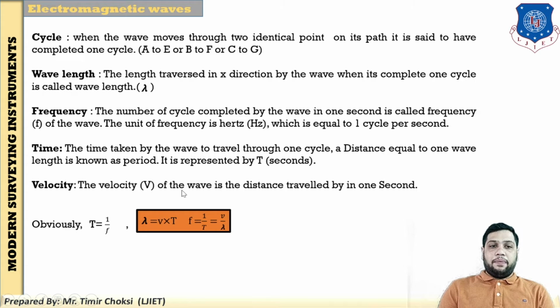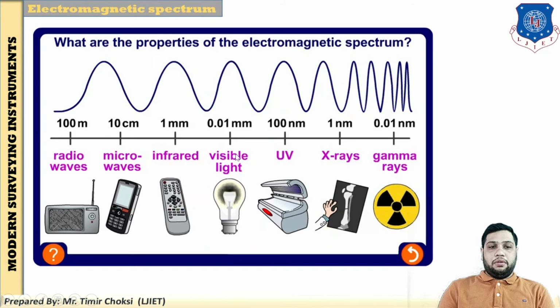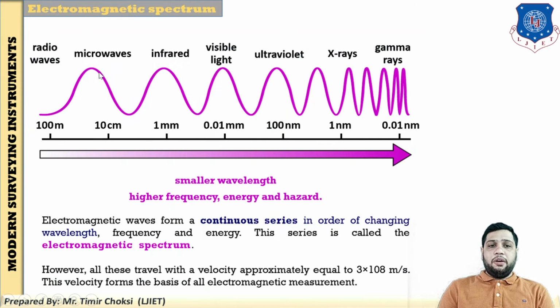Now, after understanding electromagnetic waves, next is the electromagnetic spectrum. The electromagnetic spectrum is the name given to a cluster of radiation that carries energy. It is one cluster of radiation, like radio waves, microwaves, infrared, visible, ultraviolet, X-rays, and gamma rays.